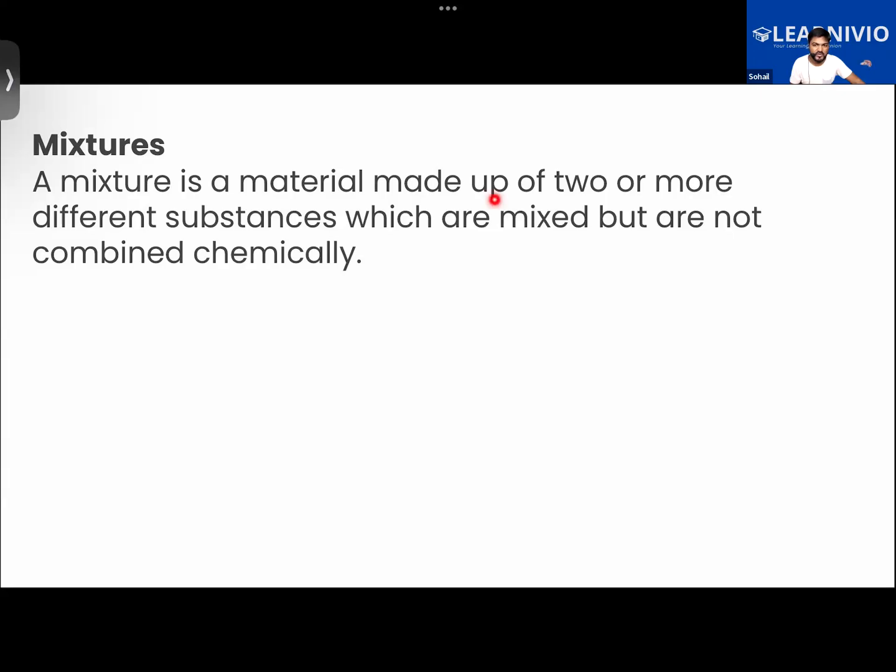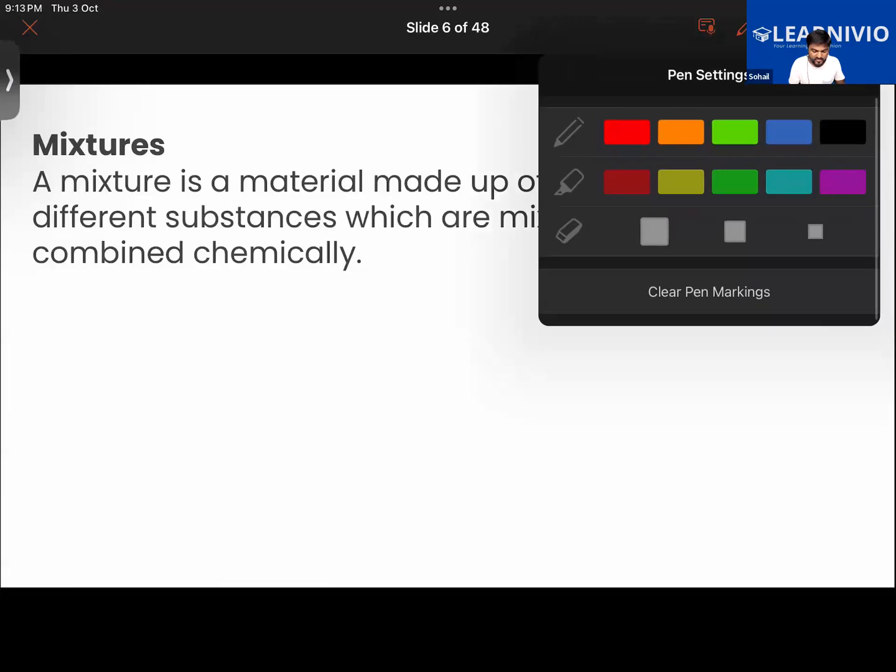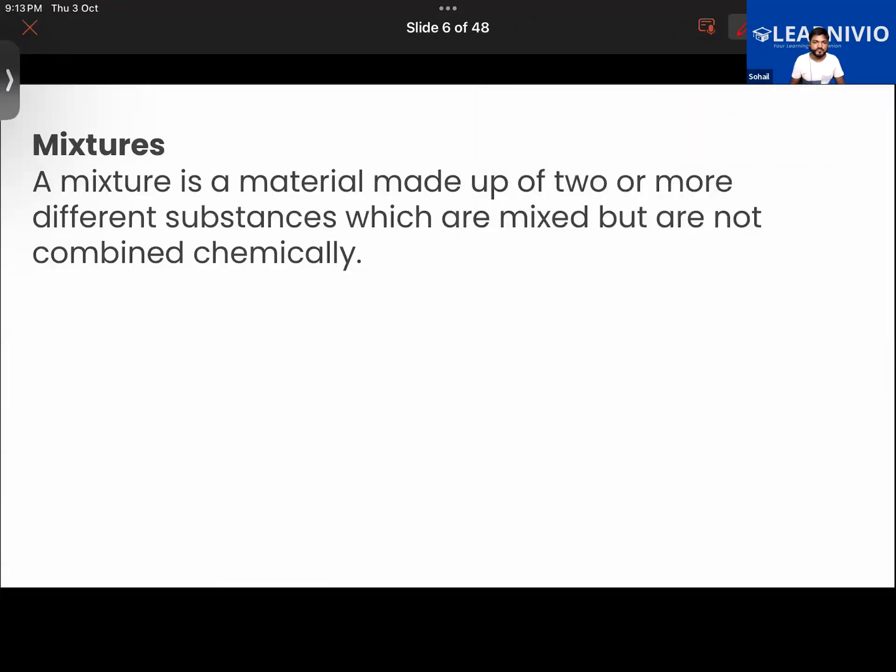It is made up of two or more different substances which are mixed, but they are not chemically combined, meaning they have not reacted. For example, if you take oil and water, it is a mixture.